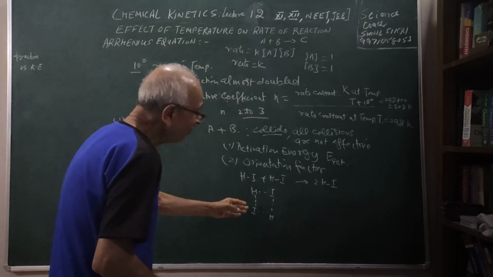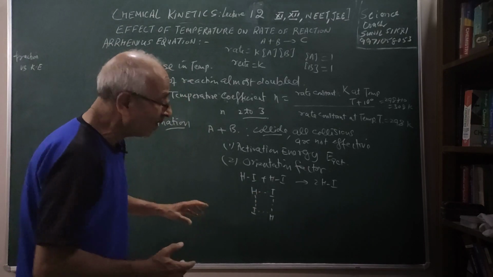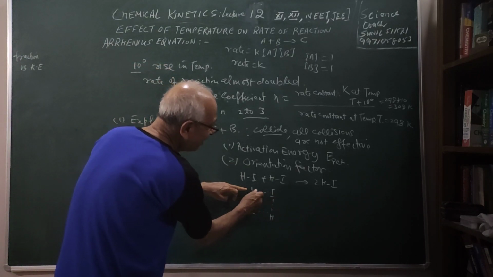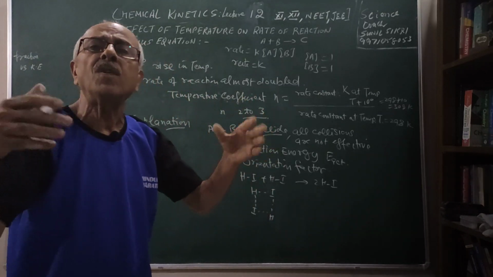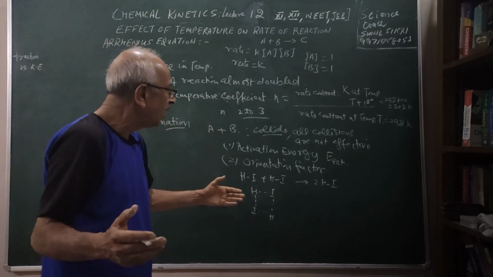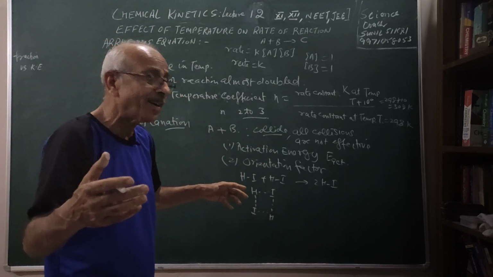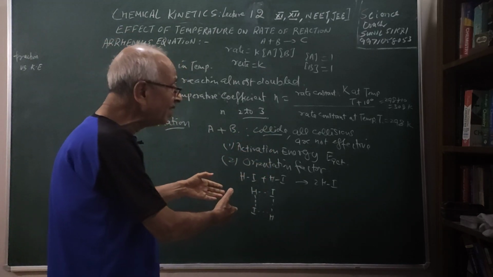But there is an orientation, this H and this H, this I and this I, they should collide. But there are random orientations because you have a very large number of molecules. So proper orientation is required, and a large number of collisions will be wasted when the orientation is not proper.